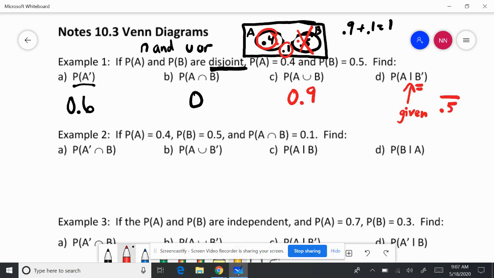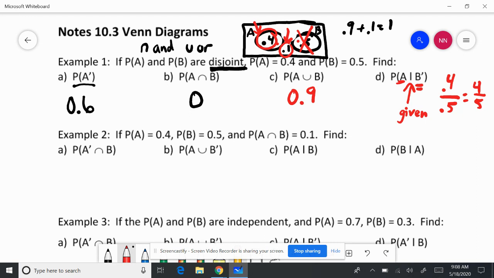Our possibilities are 0.5 because of the 0.4 and the 0.1. Remember, our given is not B, so that means B doesn't happen. Now, of these two choices, which one is A? A is the 0.4. Now, we can't have a decimal in a fraction. We could either have a fraction or a decimal. I'm going to treat it as a fraction, and I'm going to put 4/5, and that's my answer.